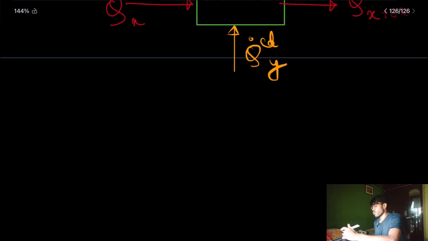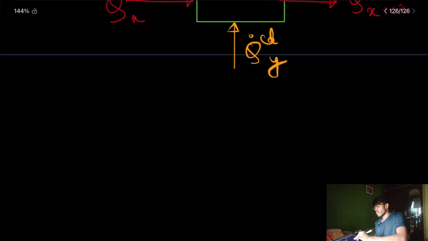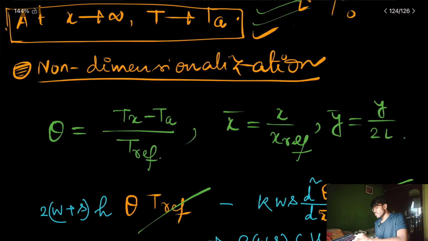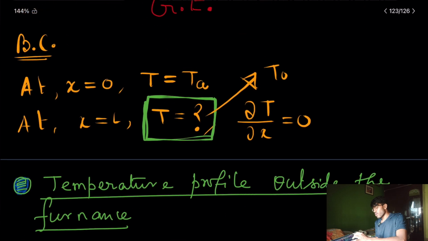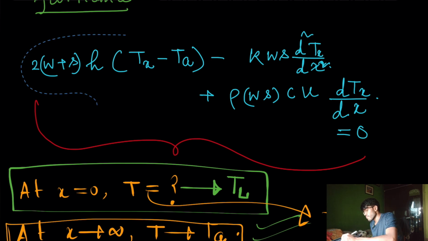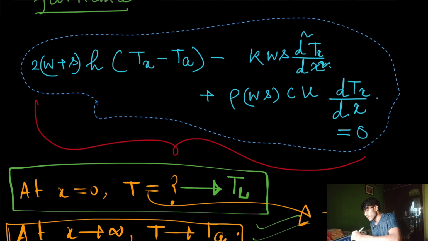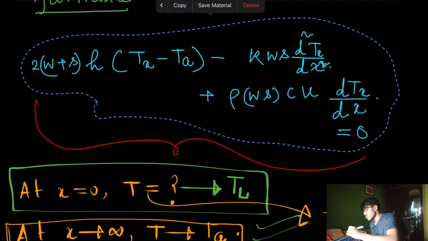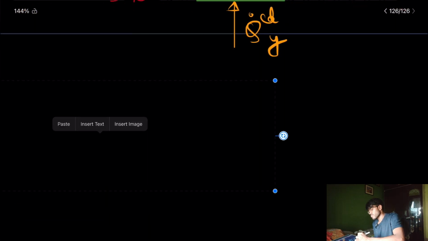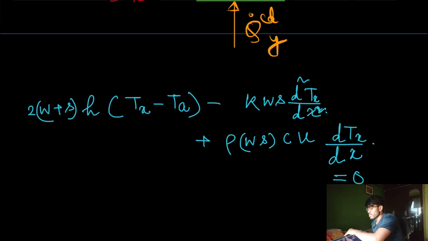So now it is your homework to reach the governing equation, and I will write it. But in the examination hall you are supposed to derive it. I have told you all the concepts. So the final governing equation for this problem: I will copy this.